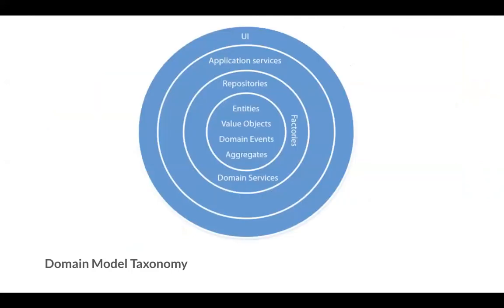All right. Here's another onion diagram that kind of shows what this represents. Your UI at the top, application services, your repositories, and then your factories, domain services within that, entities, value objects, domain events, and aggregates. And it doesn't have commands there, but I'm pretty sure most of the industry out there says that commands are part of your core domain.